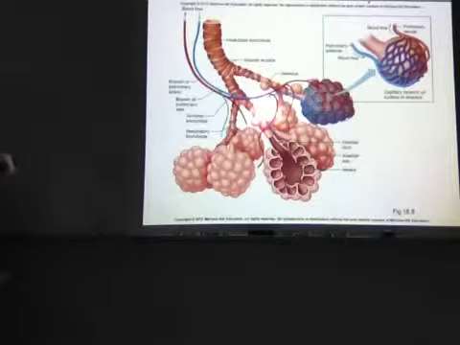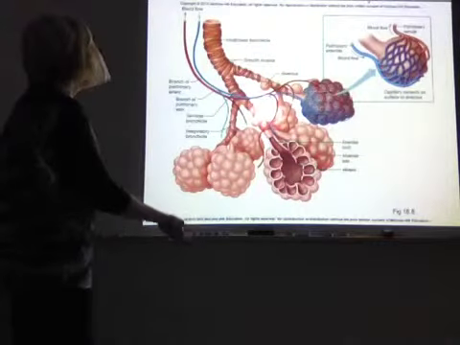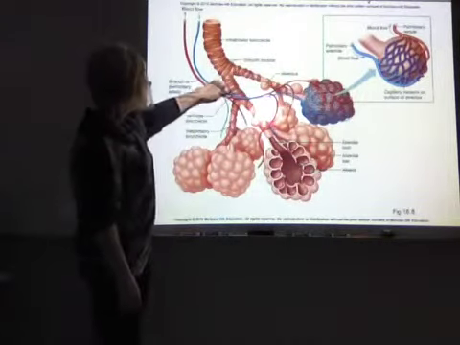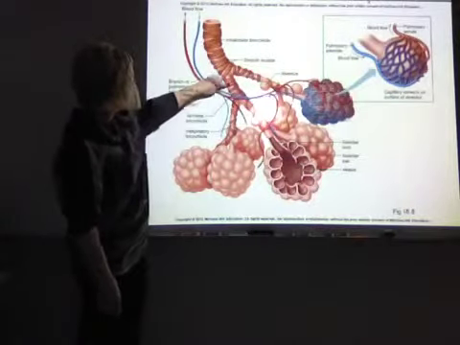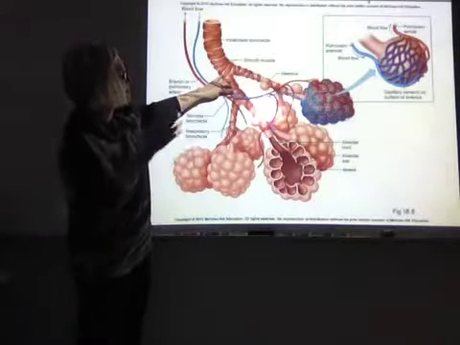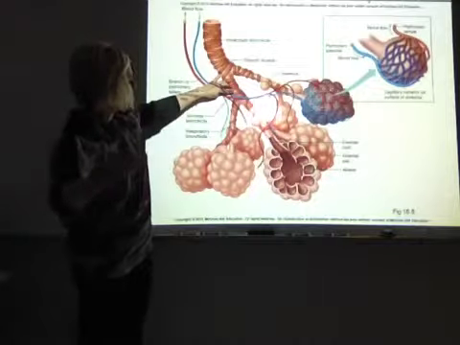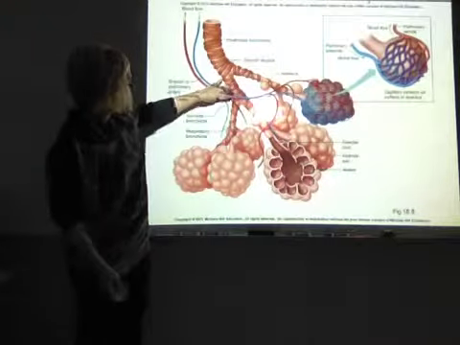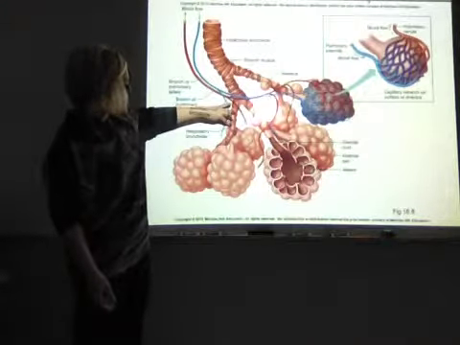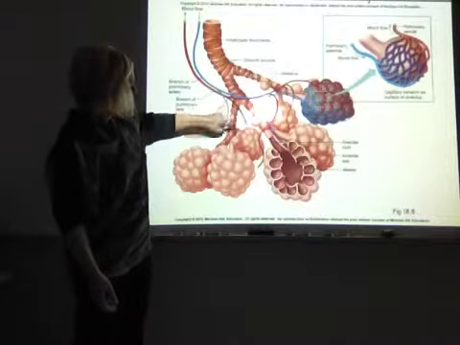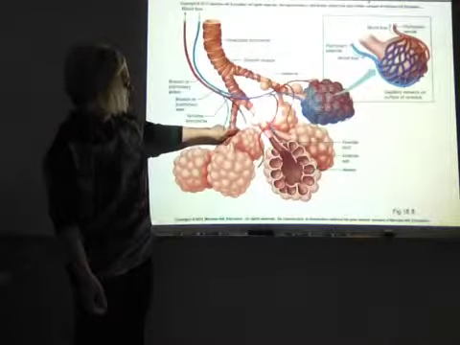So here again, looking at the smaller view, we'll start with a terminal bronchiole. So basically we're just branching smaller and smaller. Terminal bronchiole, respiratory bronchiole. Here would be an alveolar duct.